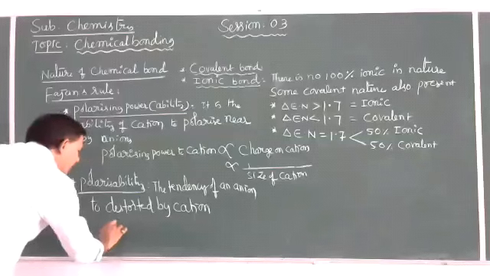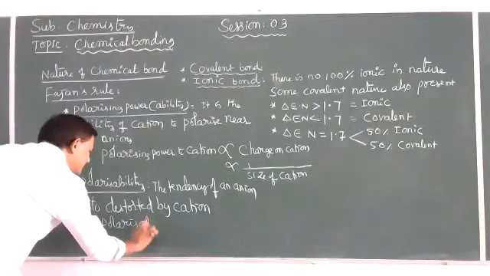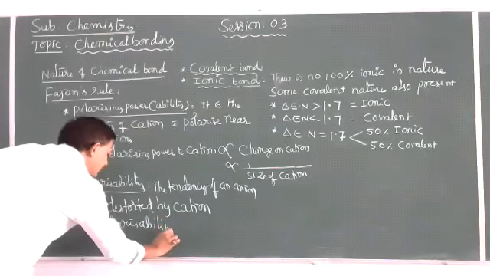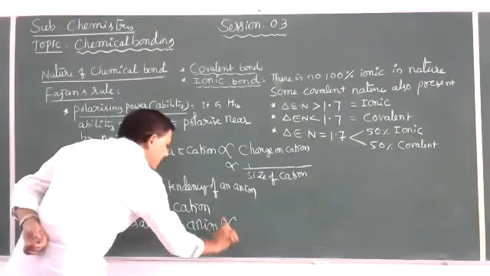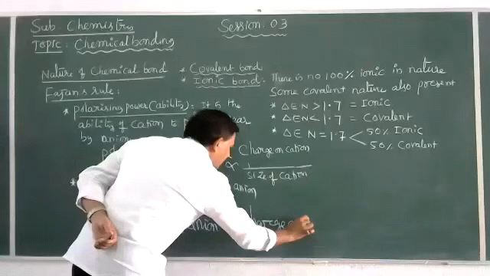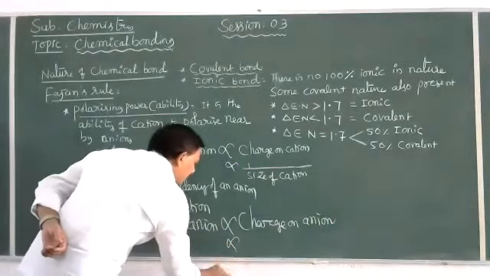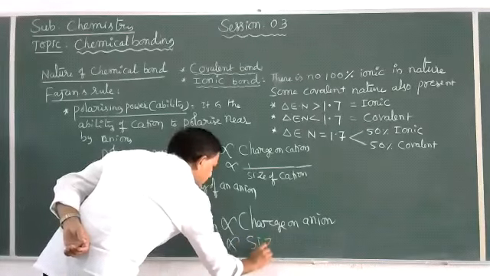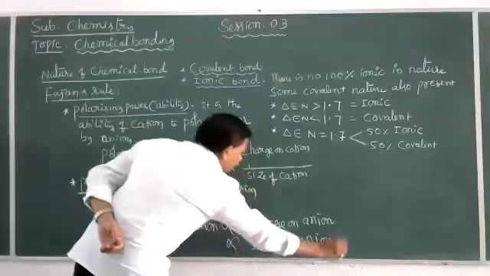Now polarizability of an anion is directly proportional to the charge on the anion and also directly proportional to the size of the anion.